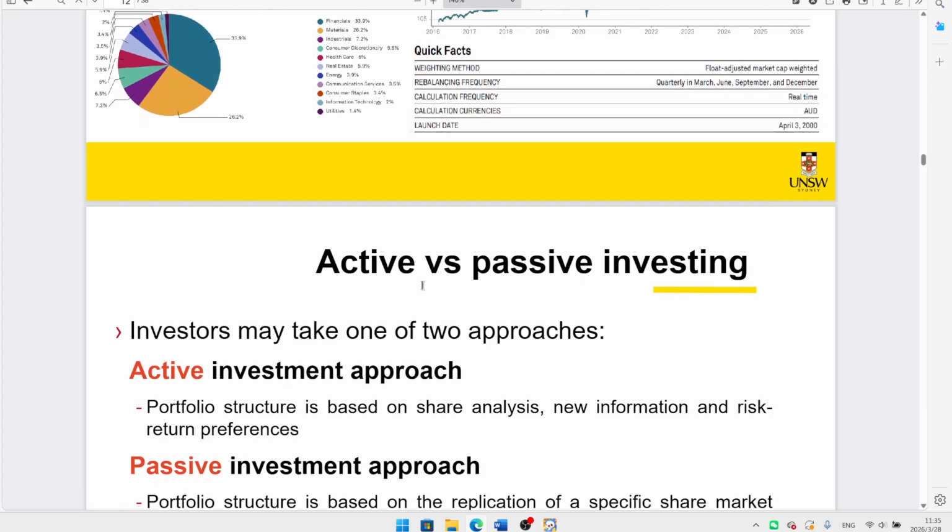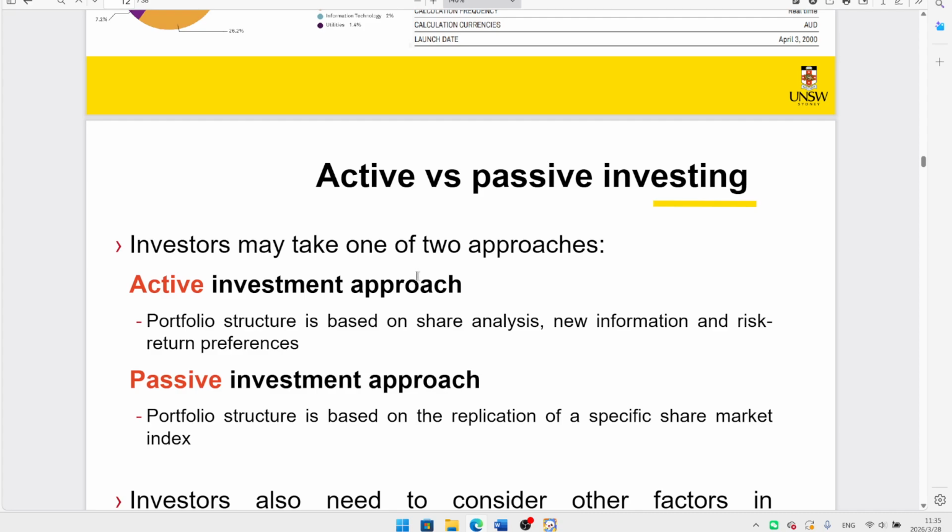Next, we'd like to discuss active investment and passive investment.